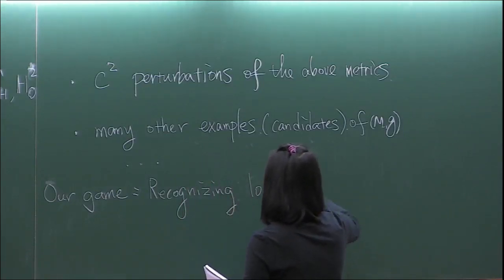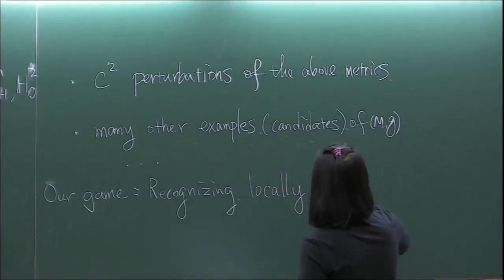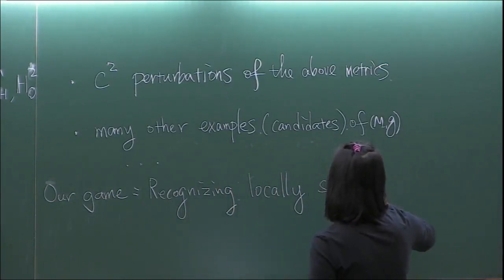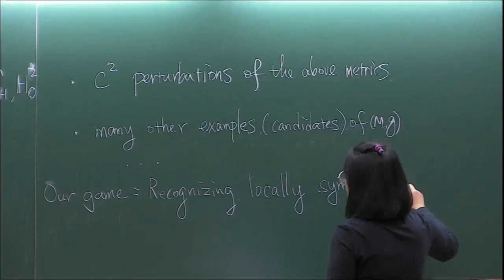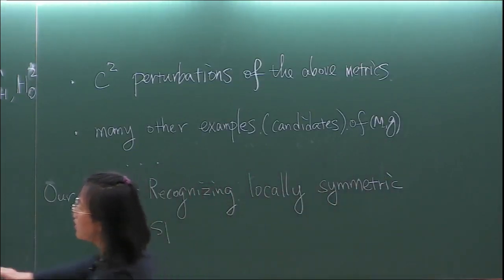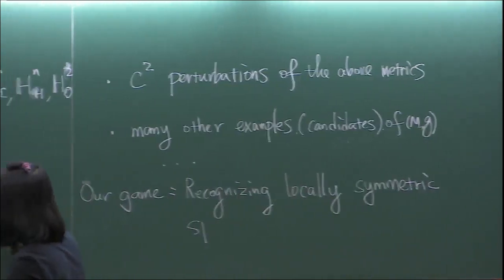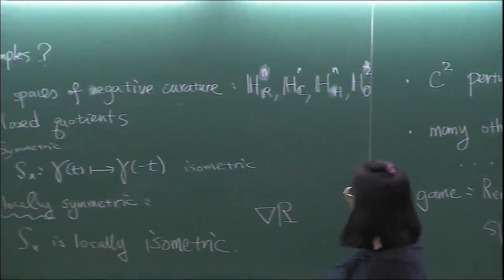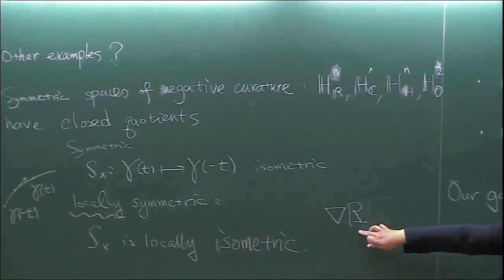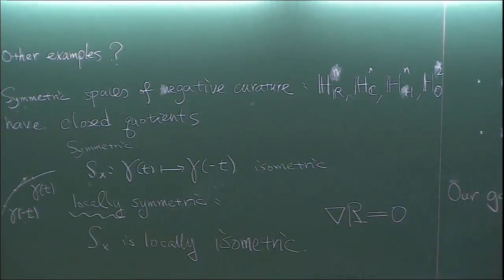Locally, actually, when we consider (M, g) as locally symmetric spaces, did I mention this? Okay. So for locally symmetric, one characterization is that the covariant derivative of the curvature tensor is 0. So it's a little more general than the constant curvature case. Okay.